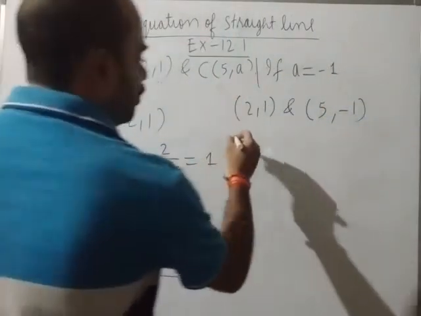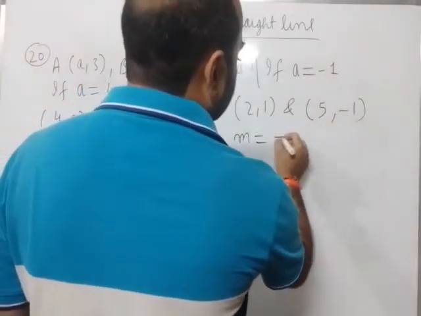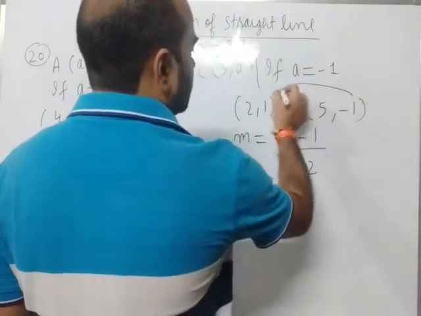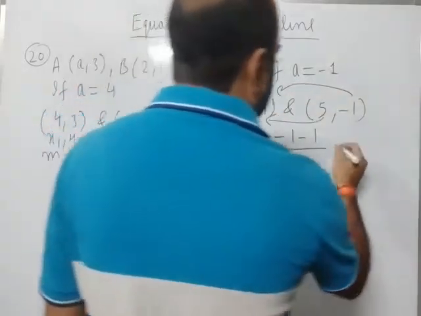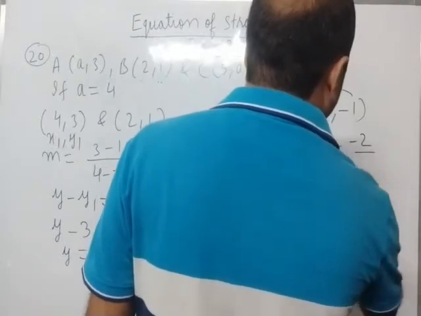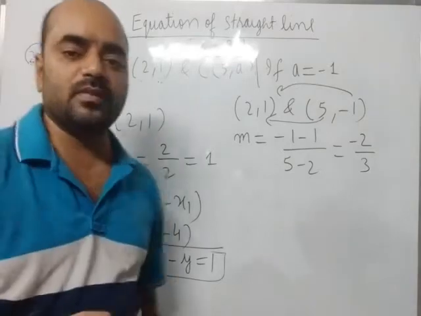Correct? Then slope will be y2 minus y1, minus 1 minus 1, upon 5 minus 2. It means minus 2 upon plus 3. Correct? Minus 2 upon plus 3.